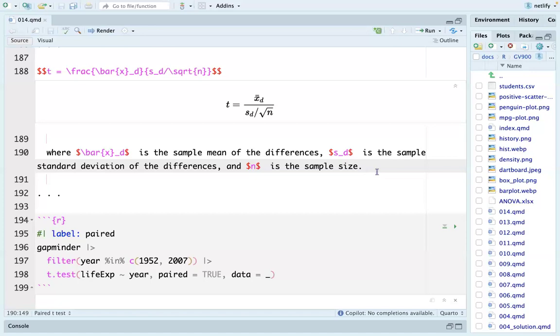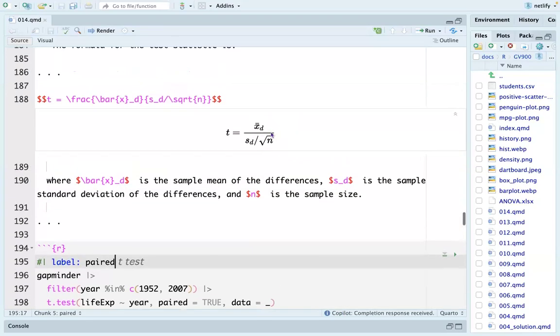We compare the same group before and after the one year medicine treatment, and we test if the medicine has some significant effect.